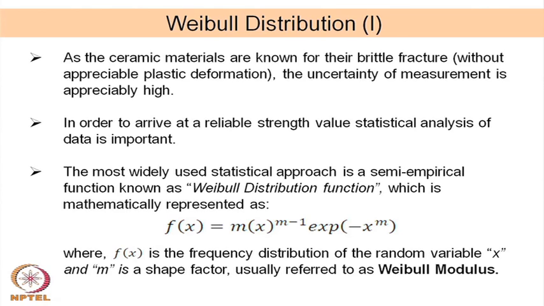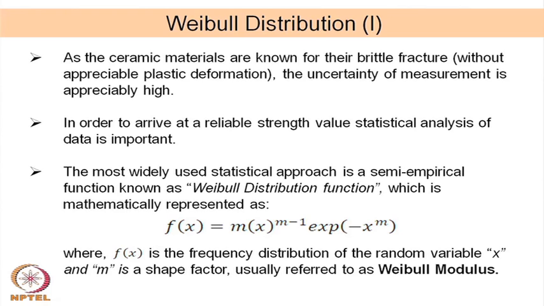So, in that context, a statistical distribution of these measurements has been proposed, and that is very important for ceramic materials where reliability is an issue. As ceramic materials are known for their brittle fracture without appreciable plastic deformation, that is the definition of brittle fracture, the uncertainty of measurement is appreciably high.